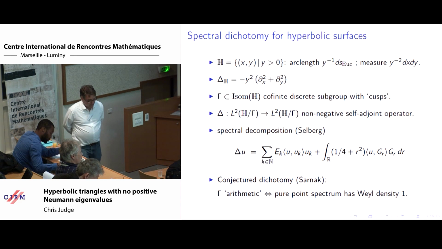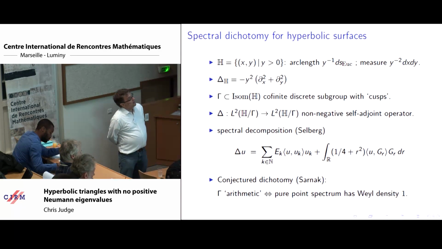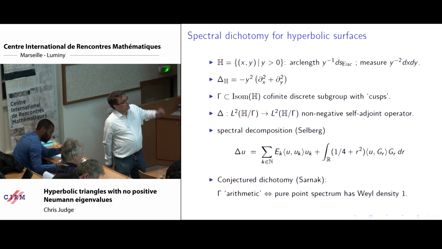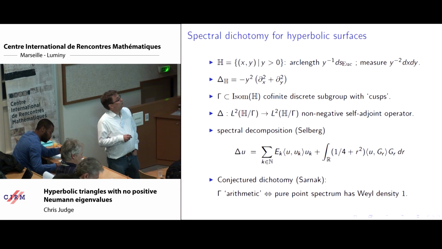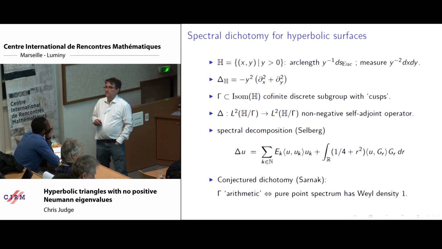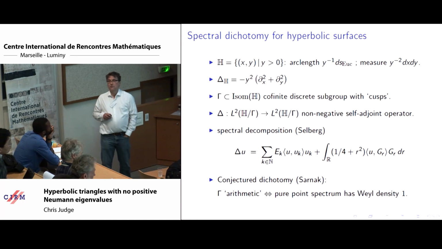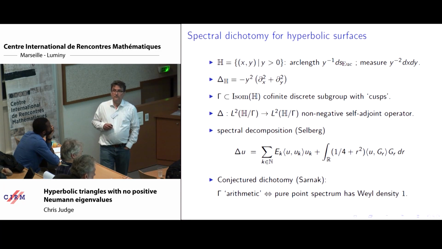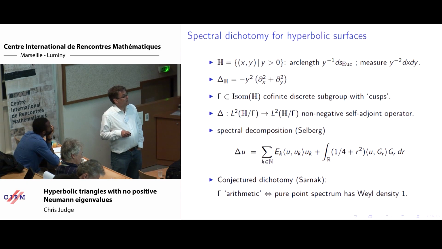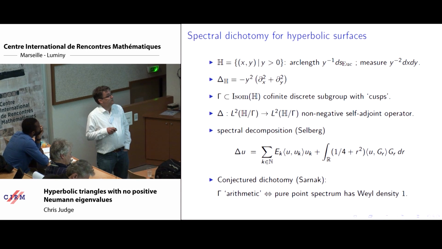Okay, so the dichotomy is this: it seems that if the group gamma is arithmetic, meaning that it has a lot of hidden symmetries, then the pure point spectrum, this part, has Weyl density 1, and if and only if. By Weyl density, there is a Weyl's law here that was proven by Selberg.